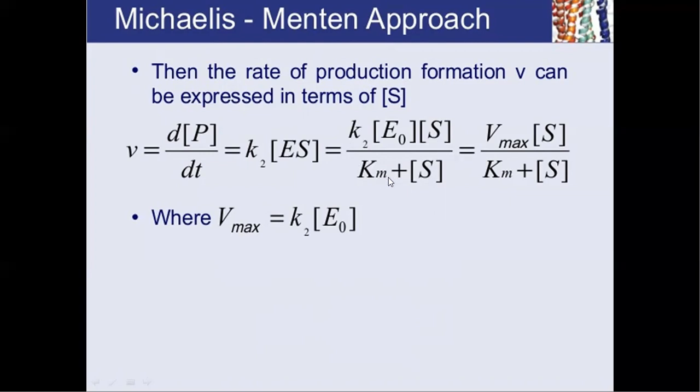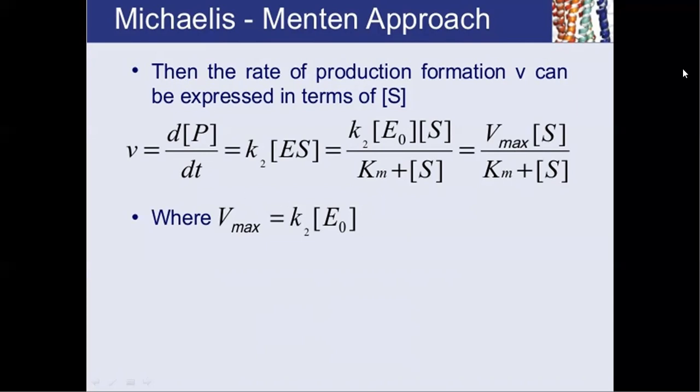by Km plus S. Here K2 into E naught we can take as V max. V max is the maximum rate of reaction when the enzyme is saturated with substrate, into S. S is the substrate, upon Km, the Michaelis Menten constant, plus the substrate concentration.